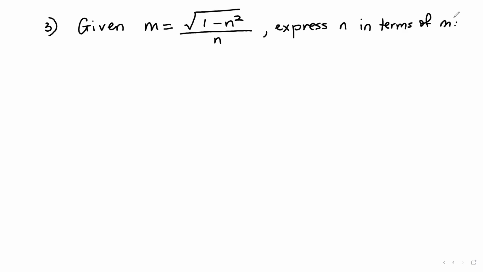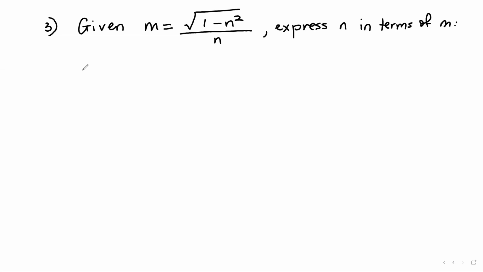But anyway, let's see. We need to have n is equal to something, right? So if you look at the formula here, this is the square root of 1 minus n squared divided by n. So the first thing we need to get rid of is this division by n.